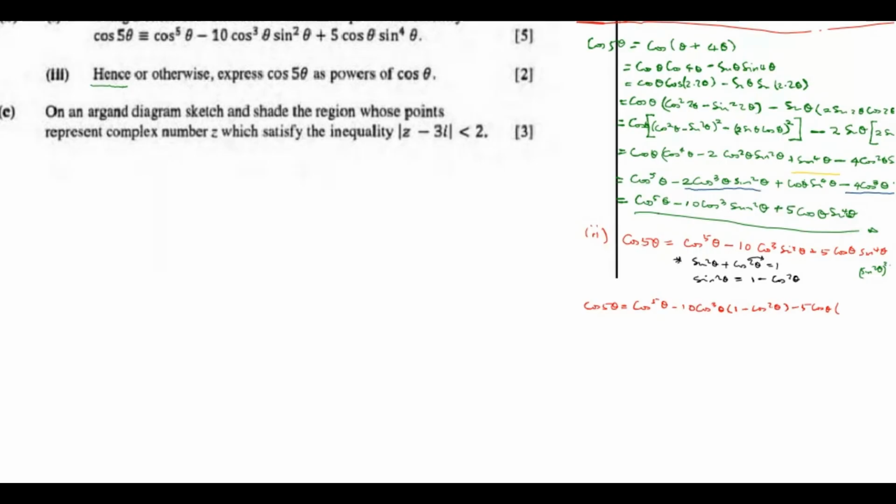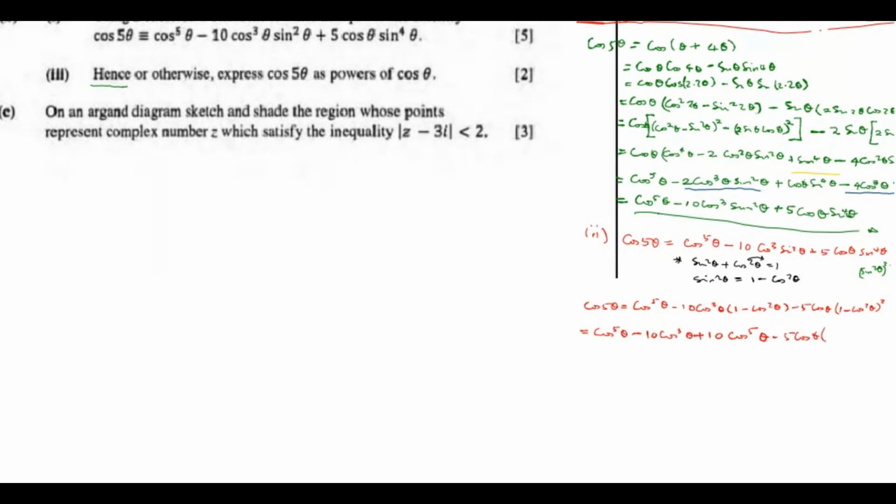Simplifying this, it reduces to cos to the power 5 theta, then minus 10 cos cubed theta, minus and the minus is going to be plus 10, then cubed and squared is going to be cos to the power 5 theta. Then we have minus 5 cos theta. This expansion is going to be 1 minus 2 cos squared theta.